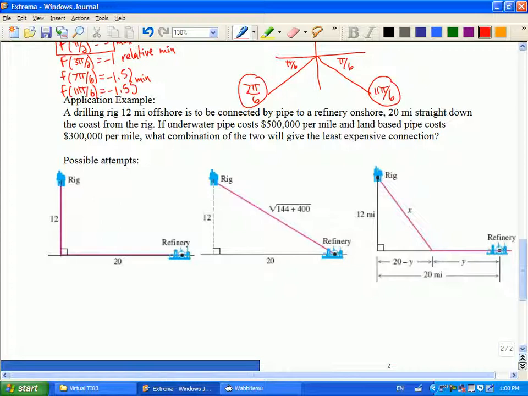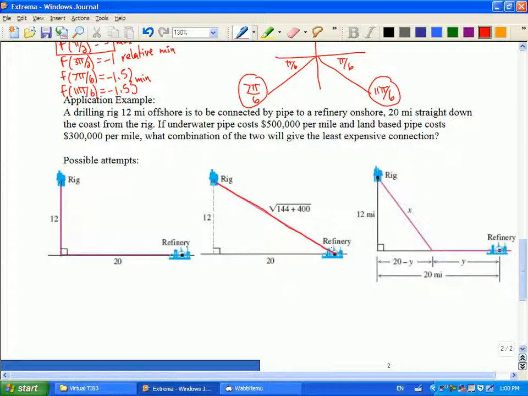The rig is 12 miles offshore, and it's 20 miles down from the refinery. So we could just go the shortest possible underwater route and then the longest possible above ground, because that would minimize the amount of underwater pipeline, right? The other thing you could do is maximize the underwater pipeline, use all of it to get to the refinery.